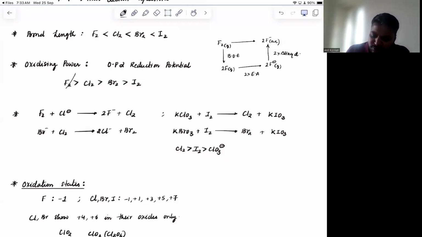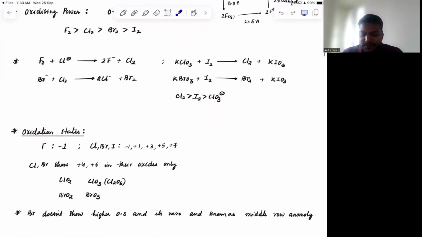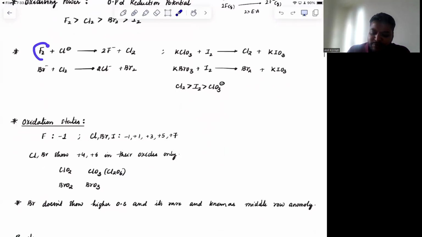So that's why you will notice F2, Cl2, Br2 and I2 is the right way of looking at it. Which means F2 can literally oxidize anything. So Cl minus it can oxidize to Cl2, Br minus will also get oxidized, I minus will get oxidized and so on.